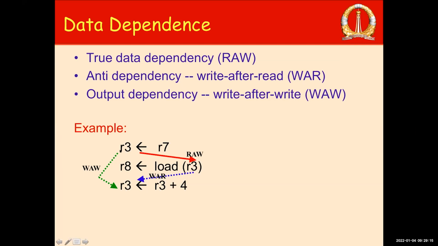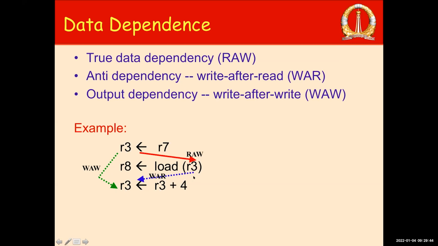If this instruction had used some other register instead of R3, for example R13, then this WAR dependency would not have been there. And similarly, if this had been R13, this WAW dependency also would not be there. Therefore, these two dependencies are also called false dependencies, whereas this is called the true dependence.